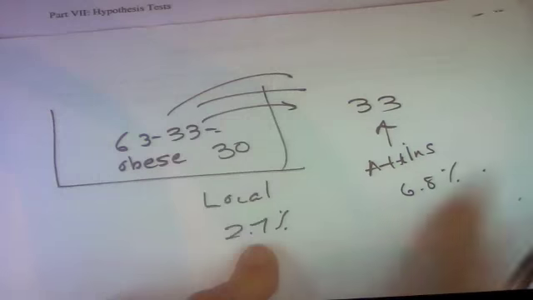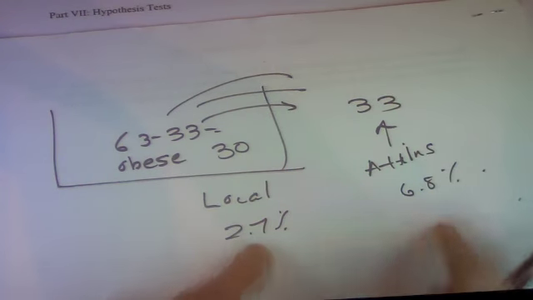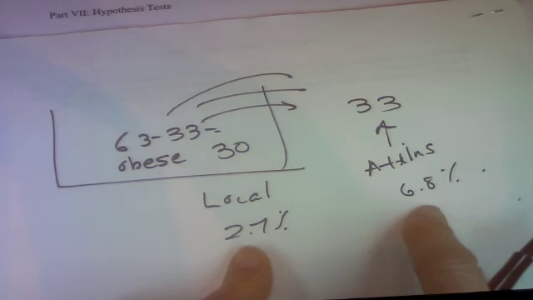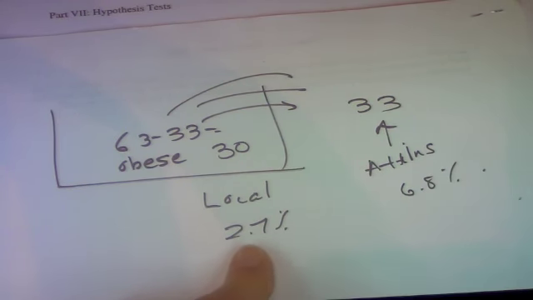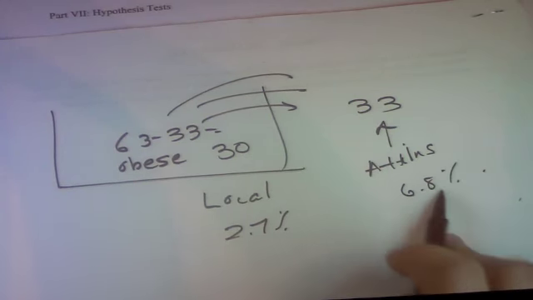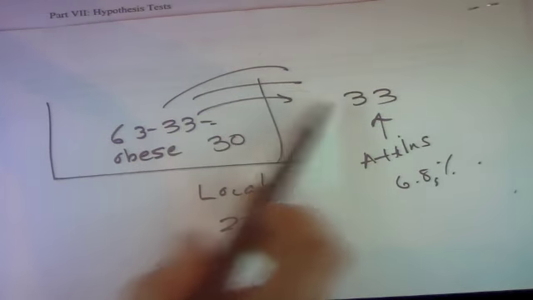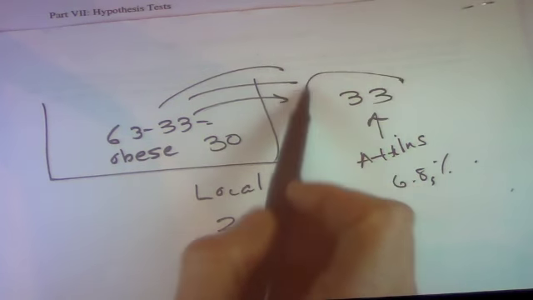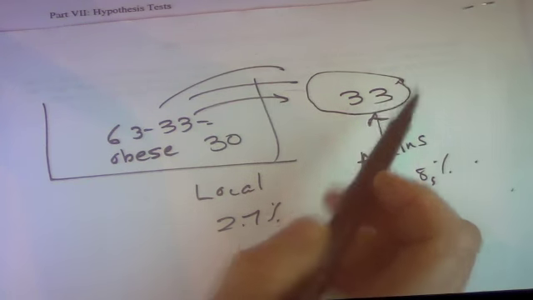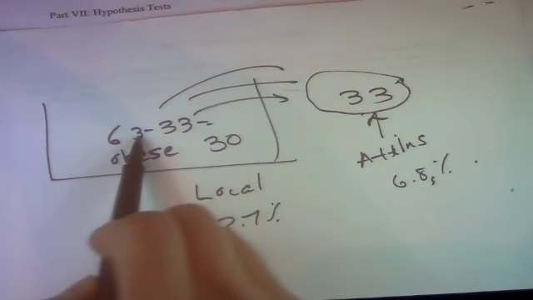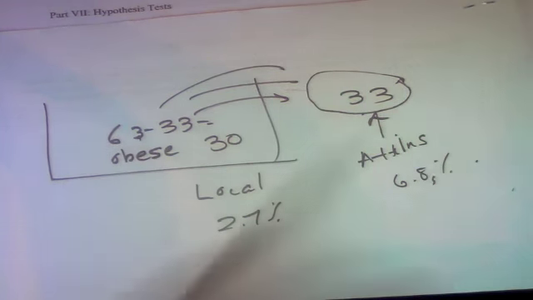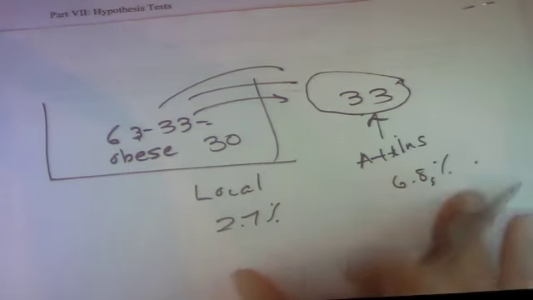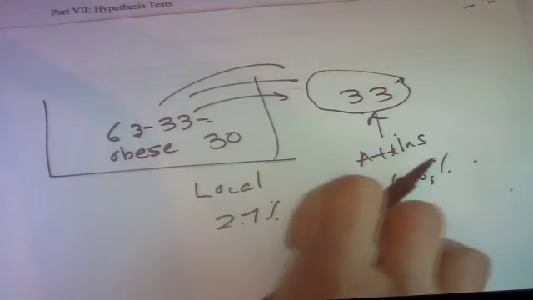Now, why don't I do it this way? I could do it this way, but it would be a lot more math, and I'd come out with the same numbers you got. First of all, I'd have to think, I'm sampling without replacement, and this time I would have to use that correction factor, because 33 is a big chunk of 63. So that would bring my standard error down.